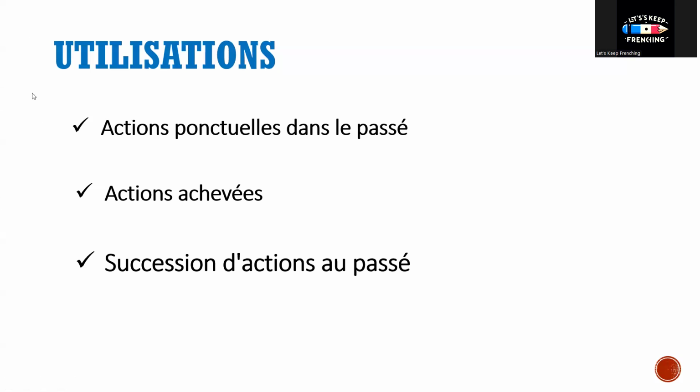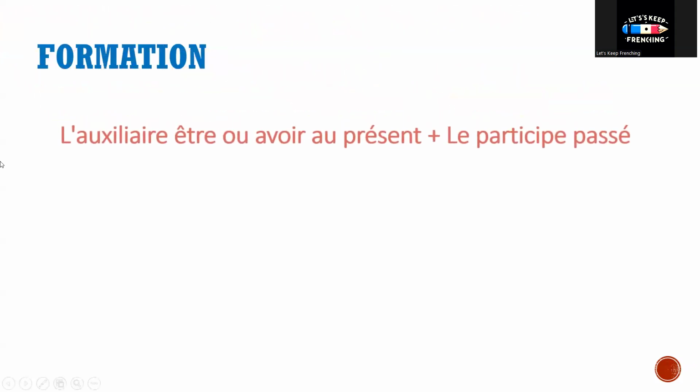Now that we know when we use le passé composé, let's find out how we can form it. Donc, formation, l'auxiliaire être ou avoir au présent plus le participe passé.